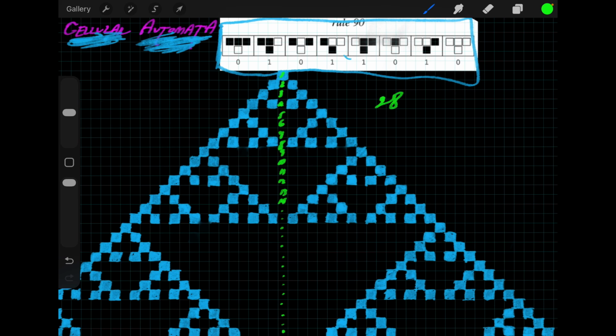So 28 steps of Rule 90 is what I did here. And again, I got this pattern from this rule, but I could have changed the rule, and I would have gotten something very different. So now, let's see what happens when we try different rules.